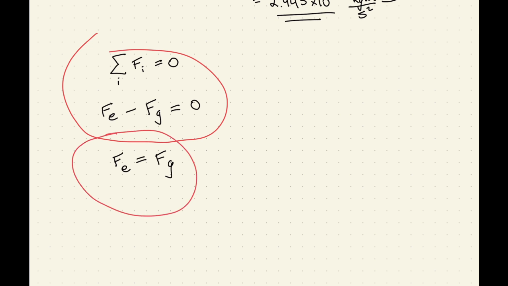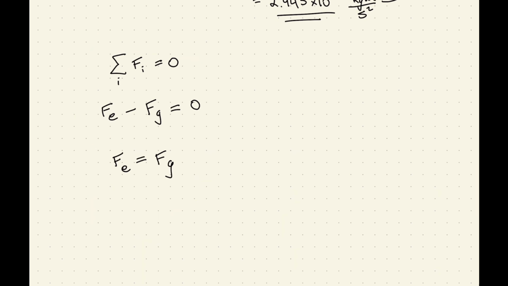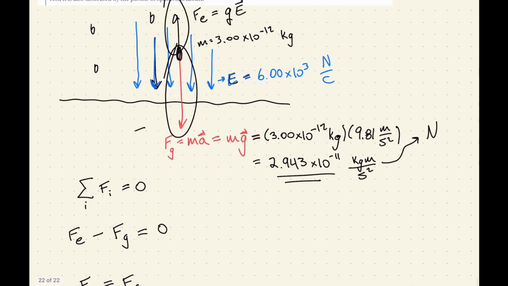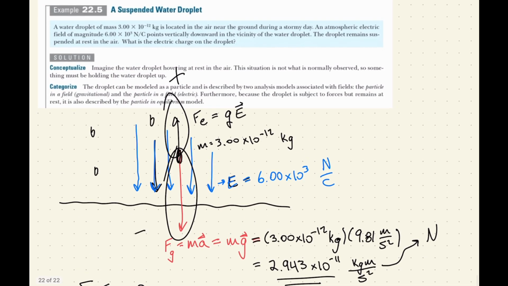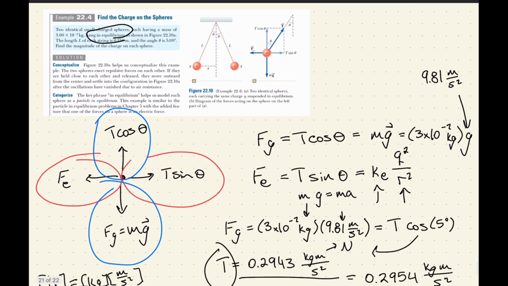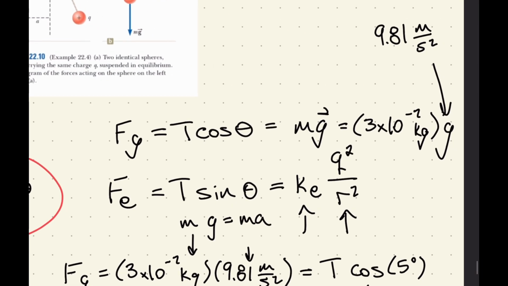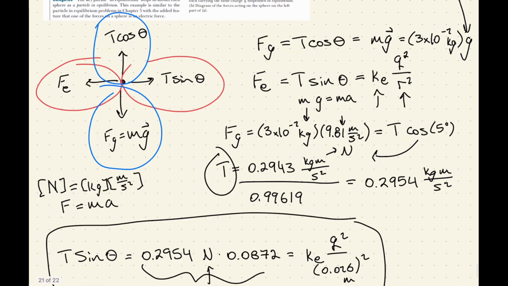Equal and opposite forces must exist for something to be in equilibrium. So both of these work, both of these get you in the right solution. And also, both of these could be used for this problem here. The sum of all forces will get you to these equations.